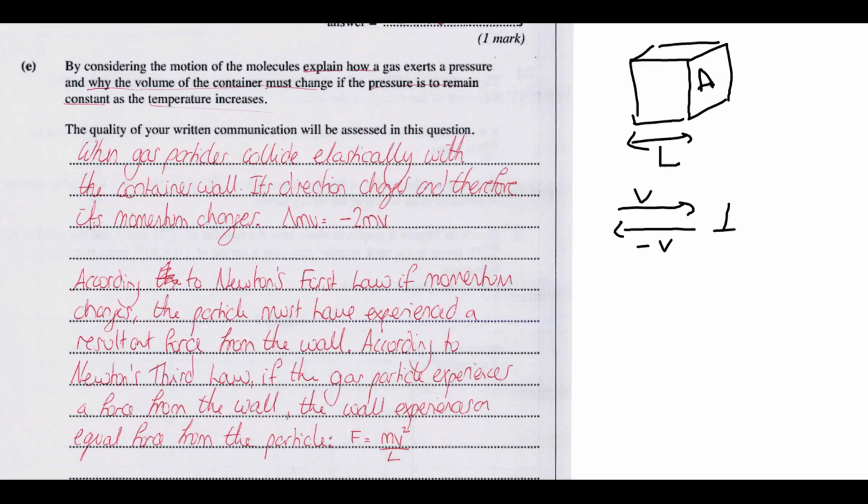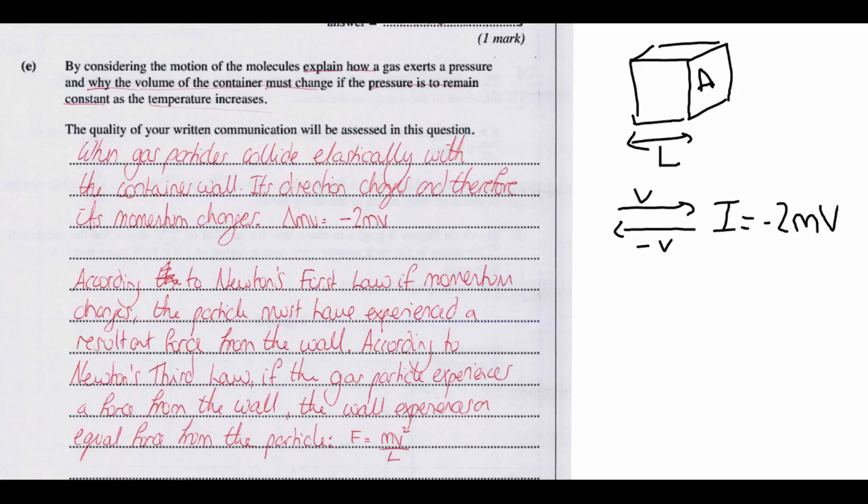So the impulse on the gas particle is going to be minus 2mv. So that's the first thing that I've said here, essentially. Because we know the direction changes, we know the momentum's changed, and we can work out precisely what it is by modelling it as an elastic collision. And we can do that because the particle is considerably smaller in terms of mass than the container.